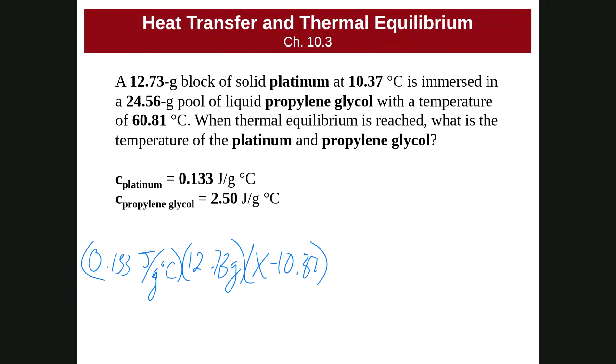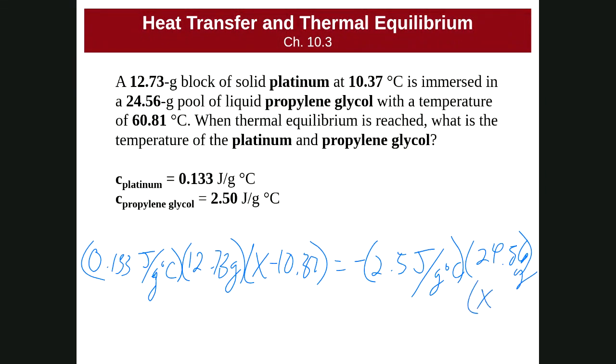And that's going to be equal to our negative 2.5 joules per gram Celsius times 24.56 grams times X minus 60.81. All right, so our grams are going to cancel out, so we can get rid of that. And now let's simplify a little bit.